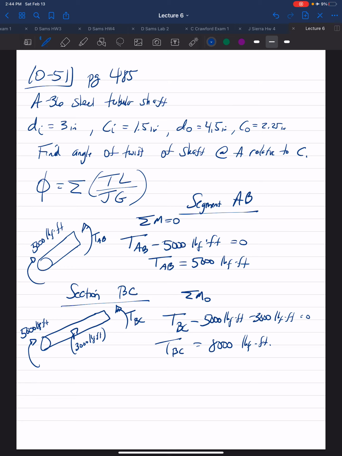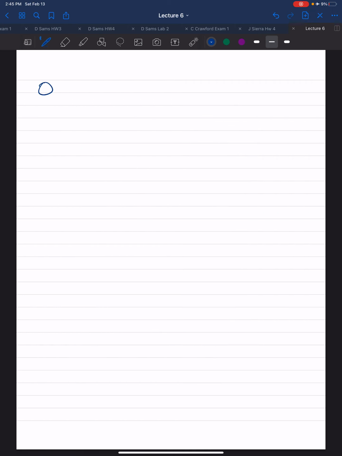So throughout the tube, the material is still A36. So our G value is the same, but since our torques change in two different sections, we have to use the summation formula.